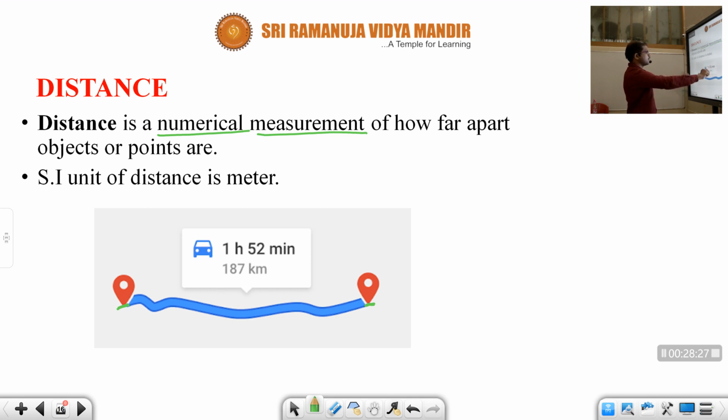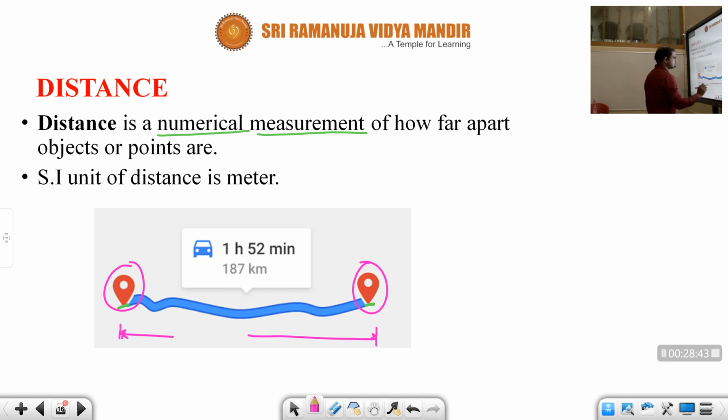In the diagram you can see one point here and another point there. These two were separated apart.